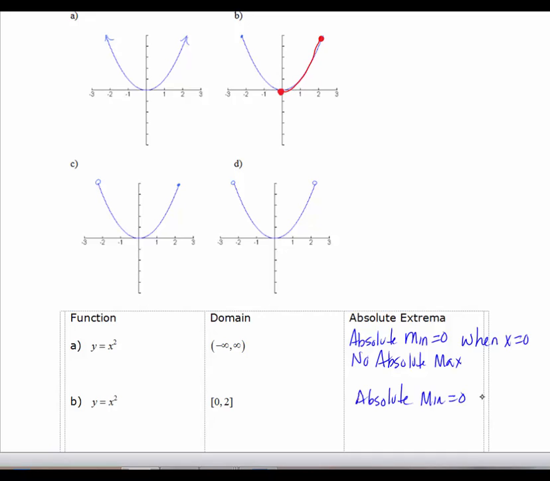And again, it occurs when x equals 0. And unlike in the last case where the function grew without bounds, because it was on the domain negative infinity to infinity, here we have a closed interval, and the maximum value is 4. So an absolute max of 4 when x equals 2.